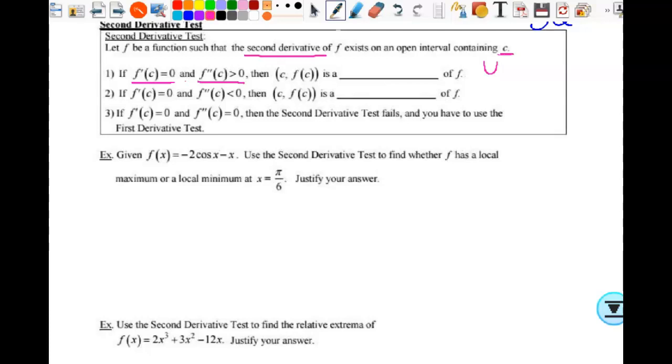It's either a relative max or a relative min, because right here we have a horizontal slope, right? Or a horizontal line, which is a 0 slope. Because remember, this is our slope, it's 0. So we have a horizontal tangent and it's concave up. So if that's happening, what do we have? Is it a relative max or a relative min? Min, okay?